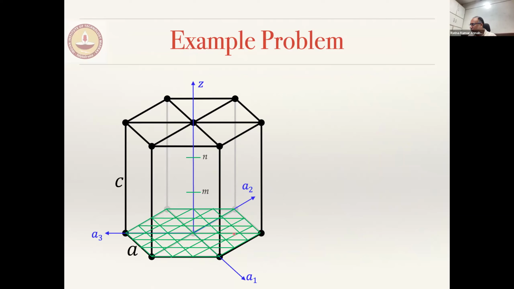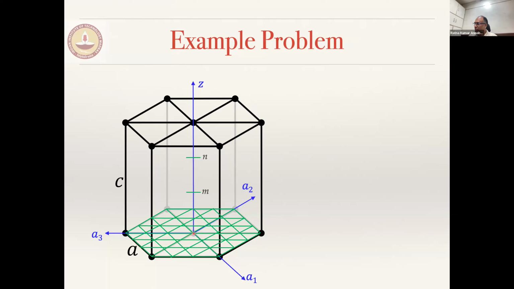What is this direction now called in the 4 index notation? Minus a3, I would say. So that is 0, 0, 1 bar, 0, correct? What is this direction? 0, 1 bar, 0, 0.